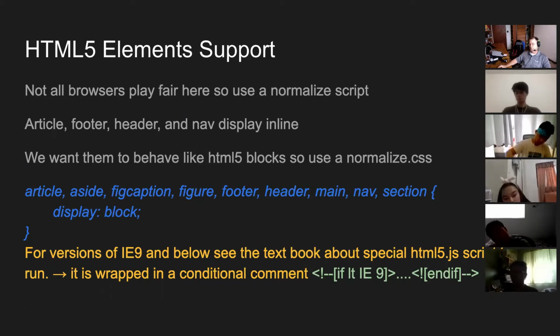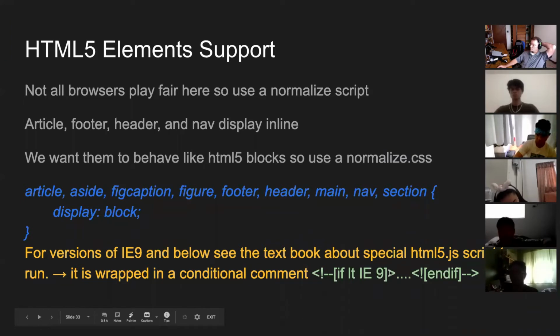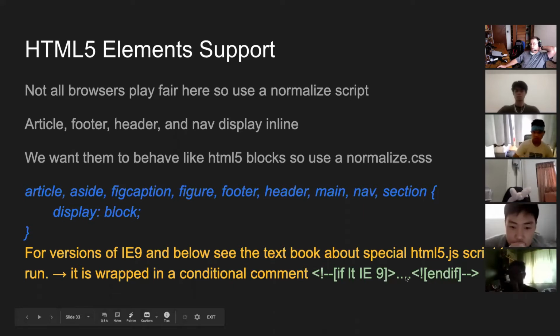You'll use the HTML comment sequence, and then you do this bracket, and you say if it's LT, less than IE and the version, close bracket, close the comment, right? And then anything in between, open the comment again, end if.